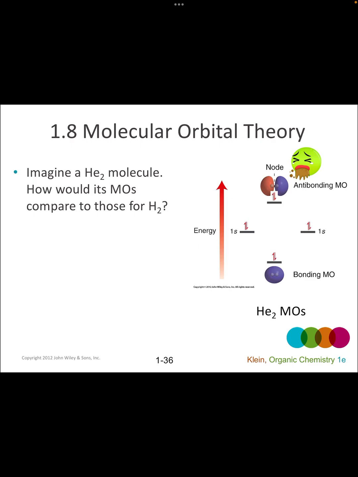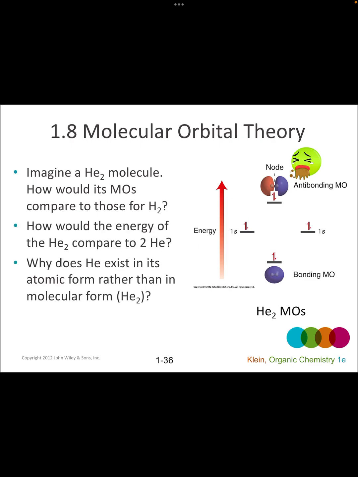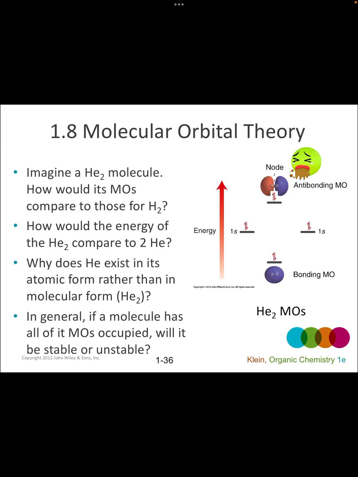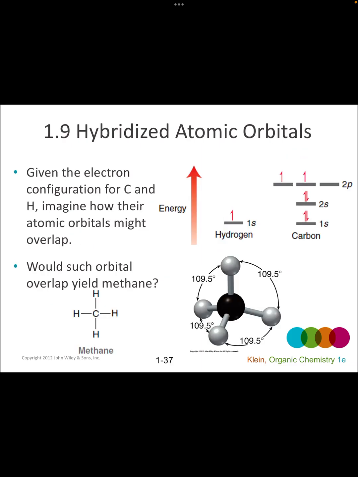So there's no incentive for helium to make a molecule, and that's why He2 does not exist. So hopefully that makes sense. Usually, in general, if a molecule has all of the molecular orbitals occupied, it will usually not be stable.